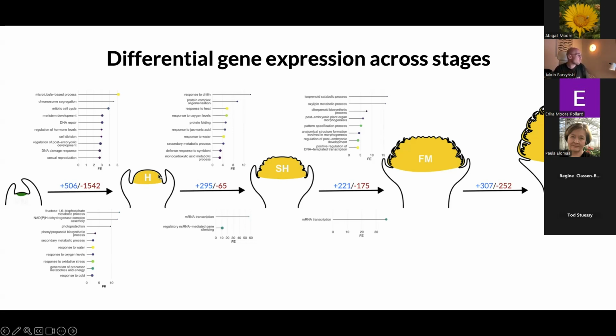During transition from head to secondary head meristems, there is no enrichment in any interesting developmental processes apart from maybe response to jasmonic acid.